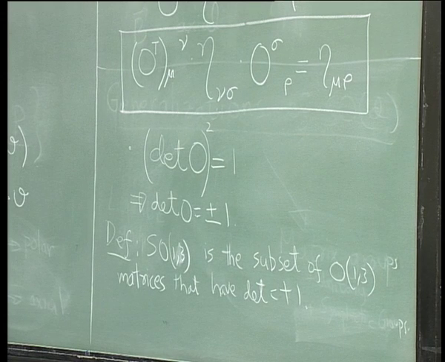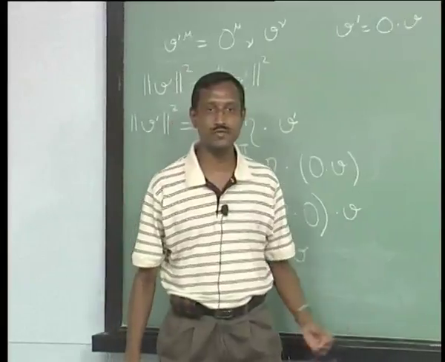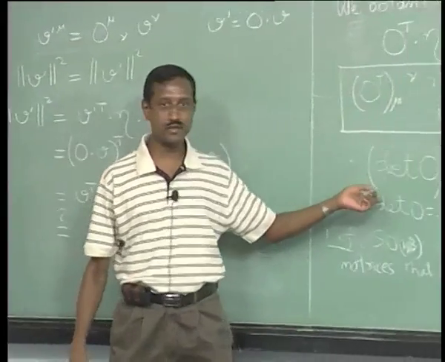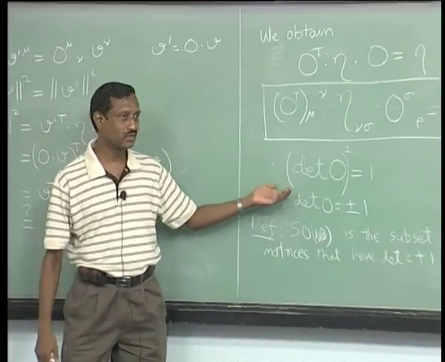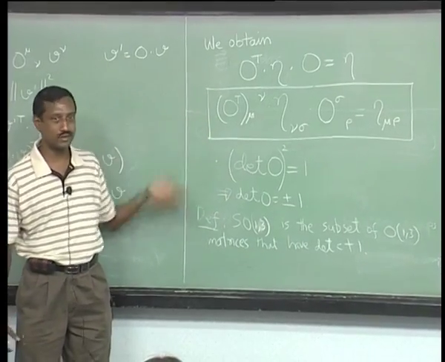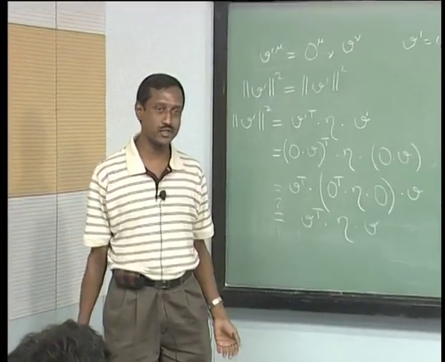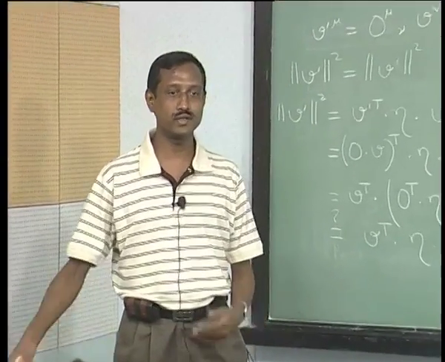Okay. So, are there any questions with regard to this? It is very easy to go back and check that the composition of two such orthogonal matrices, these are still called orthogonal. Okay. Orthogonal matrices satisfy the group properties. In particular, the product of two such things will give you another.